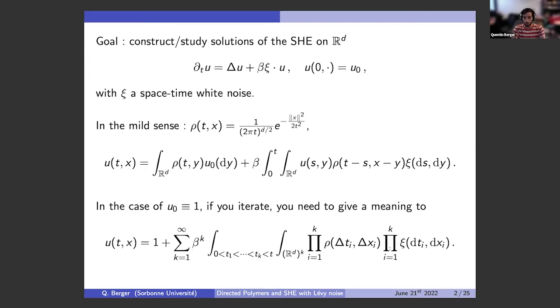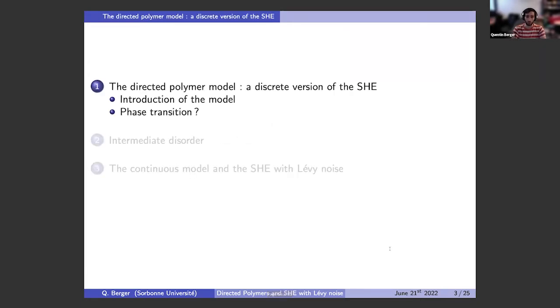Okay, so this is the goal, but what I will start with in this talk is introducing the directed polymer model, which you can see as a discrete version of the stochastic heat equation. A way to make sense of an ill-defined stochastic partial differential equation is to find an approximation of the equation, construct solutions of the approximated equation, and make the approximation go to 0.